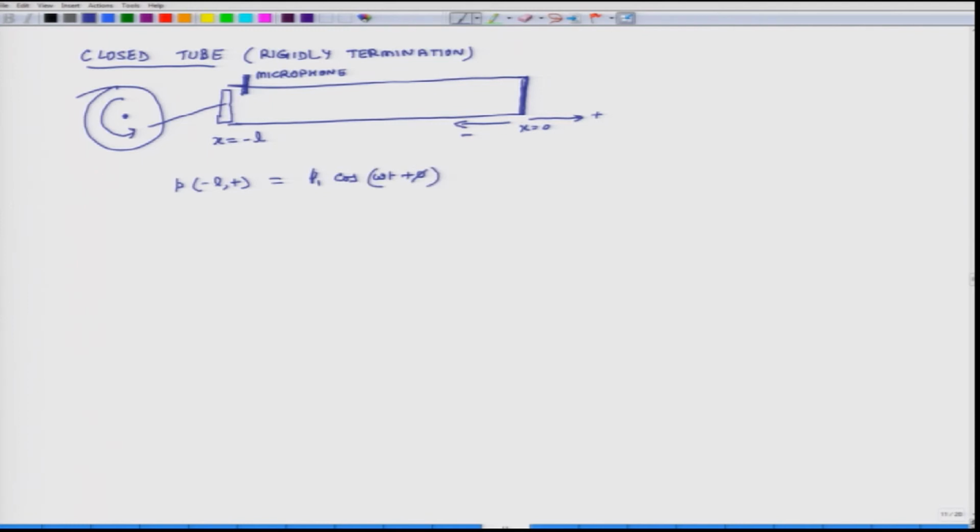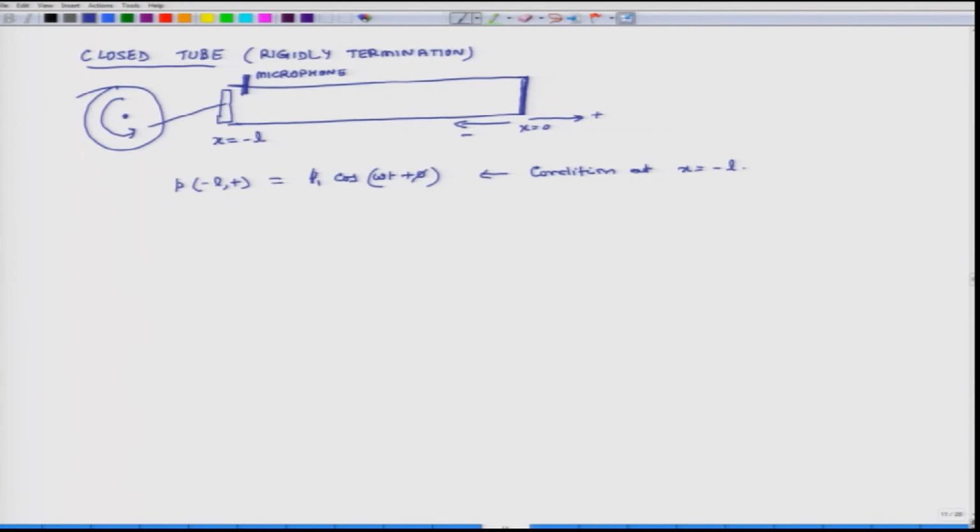Okay. P1 is real, omega is real, phi is real. So, this is my condition at x is equal to minus L.